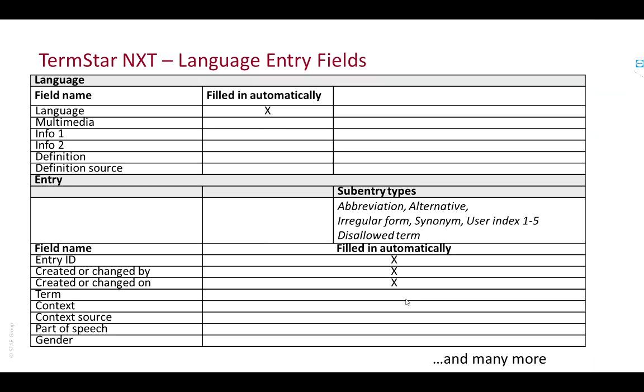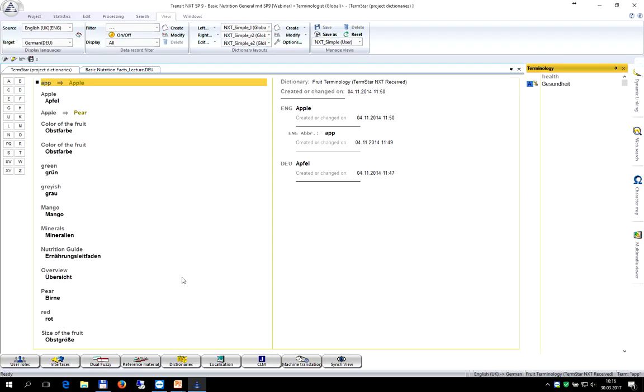So now we're going to have a look at TermStar again, and we're going to work with TermStar and create our own dictionary. Now there's this project where there's already a project dictionary, but we are going to create a new one. So we need this button, Dictionaries, on the resource bar.